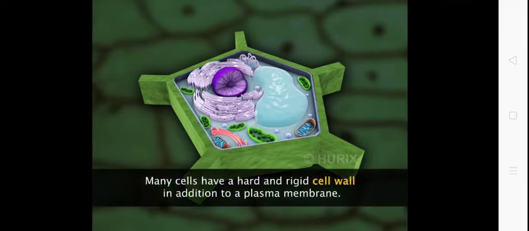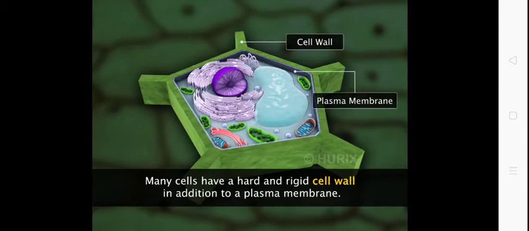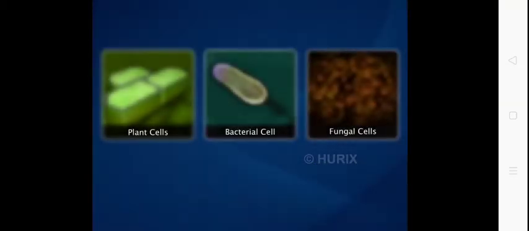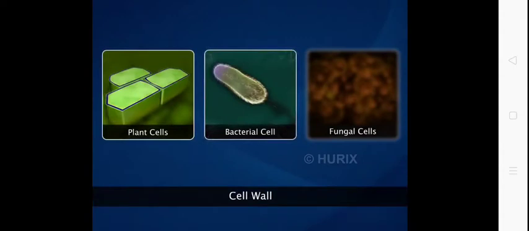In addition to the plasma membrane, many cells also have a hard and rigid cell wall. It is located outside the plasma membrane. The presence of a cell wall is a defining characteristic of all plants, bacteria, and fungi.